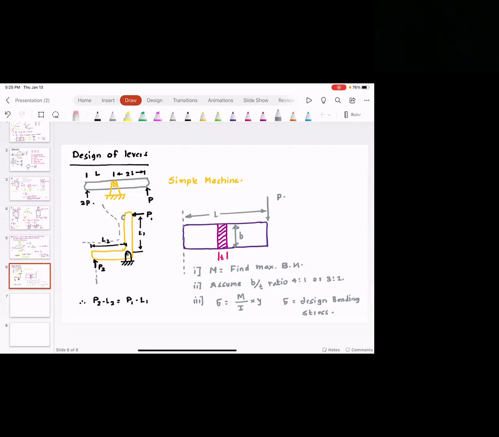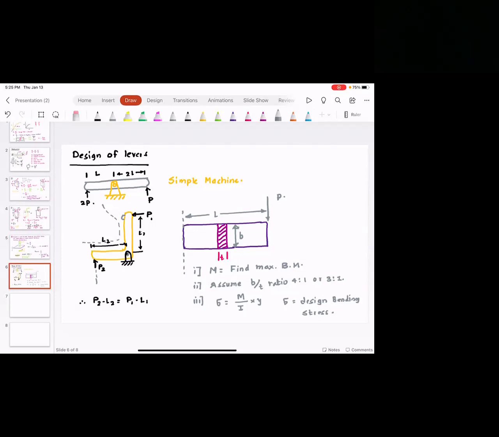In mechanics of material, EGR343, they give you the load, they give you the geometry, which means they give you the dimensions and the locations, all the parameters, and you're asked to find the stresses. So we give you the dimensions, we give you the loads, and we ask for stresses.